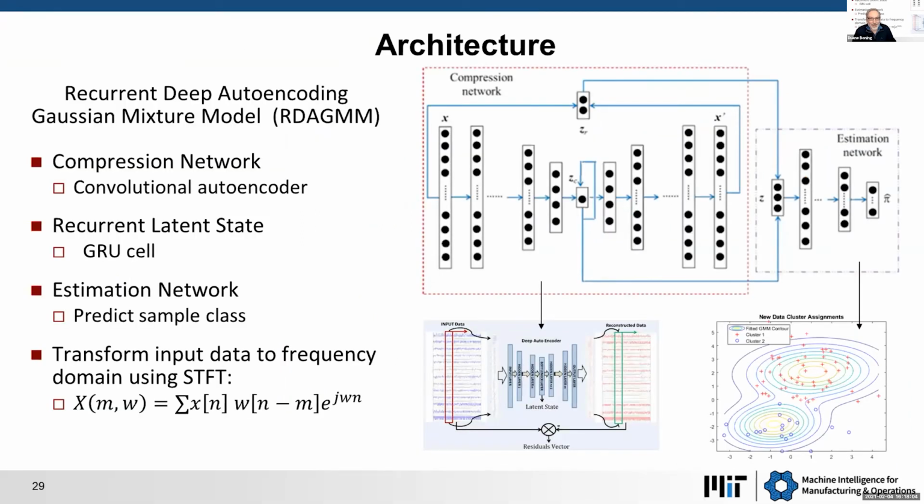So here's the architecture, and now you actually know how to understand or picture parts of it. We called it a recurrent deep autoencoding Gaussian mixture model, in part because we've added a recurrent element to some previous DAGMM approaches. So first off, it has an autoencoder structure.